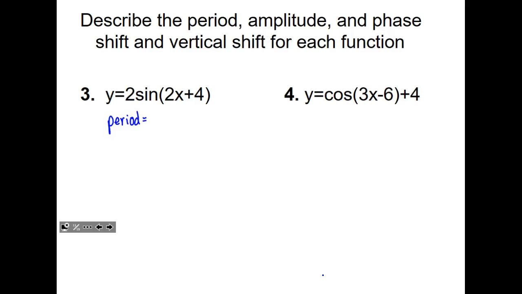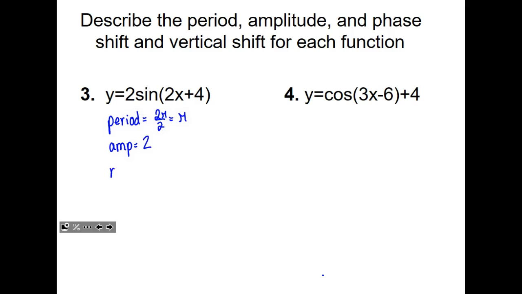All right, so Jaden, for number 3, what's the period going to be? Very good. 2 pi over 2, which is just going to give us pi. Sydney, what's the amplitude for that one? 2. Very good.